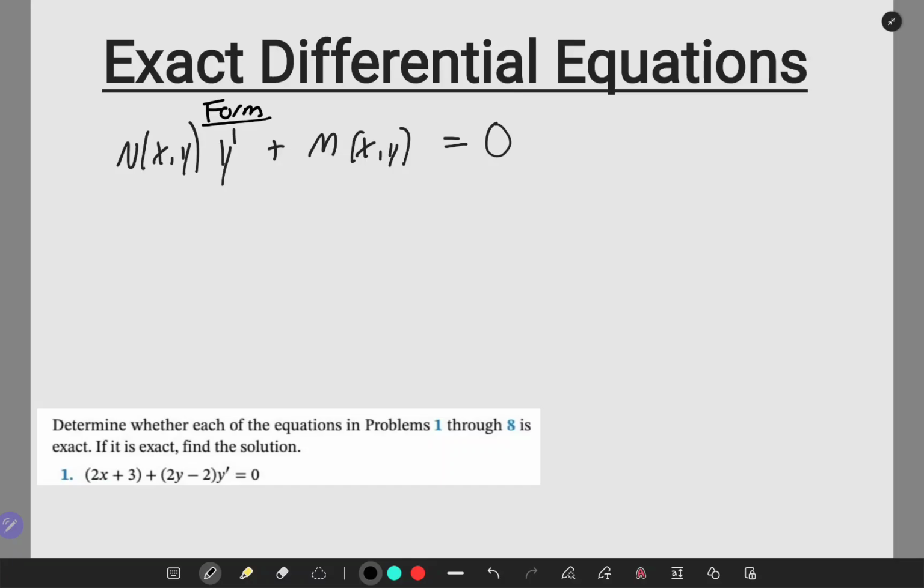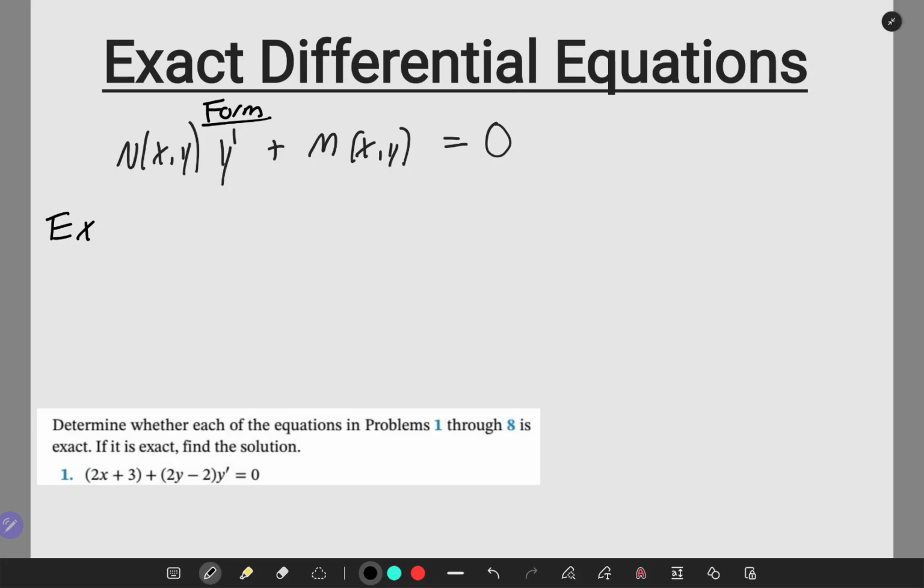So we don't actually know if this particular form is exact or not. If you took Calc 3, you might recognize it's basically the test you had for whether it was conservative or not. In this case, we're testing if it's exact. It's the exact same process.